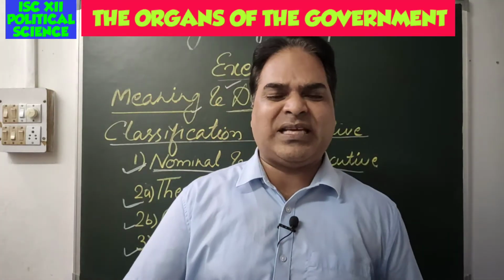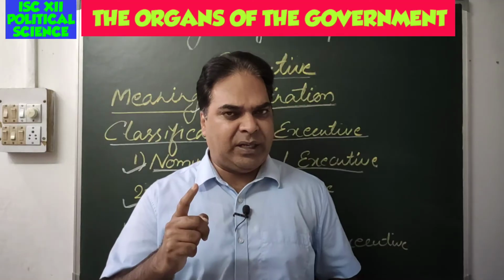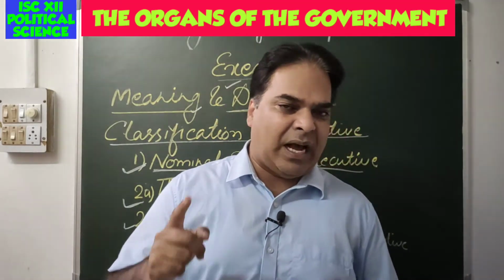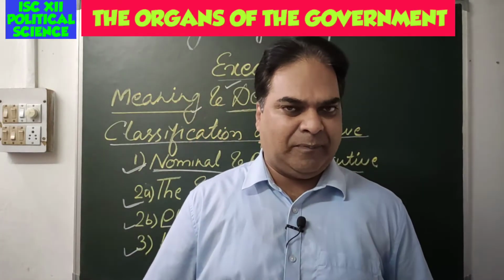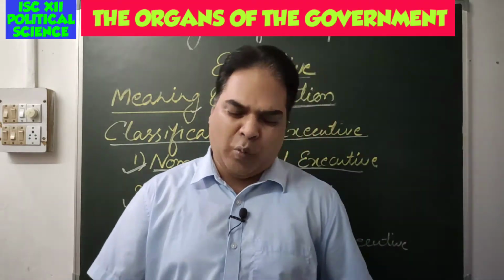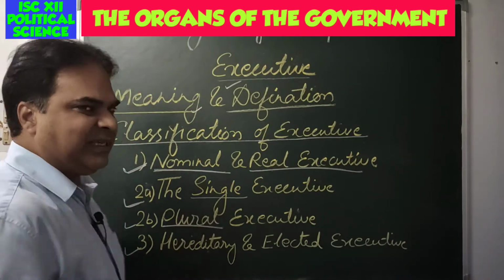As I gave you the example, Hitler was the ruler of Germany and his party's name was the Nazi party. Then another one is Mussolini, his party was the fascist party. Okay, now all this Nazism and fascism is already uprooted from the world. So that is single executive.